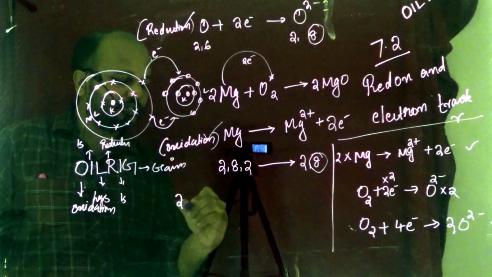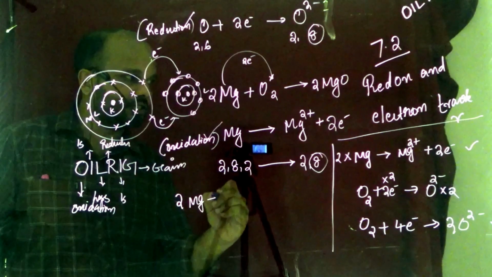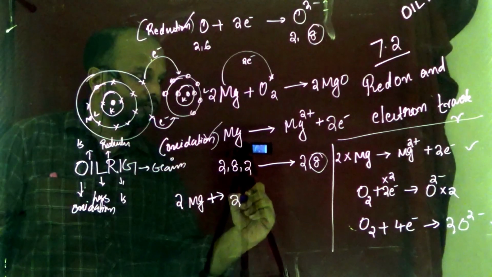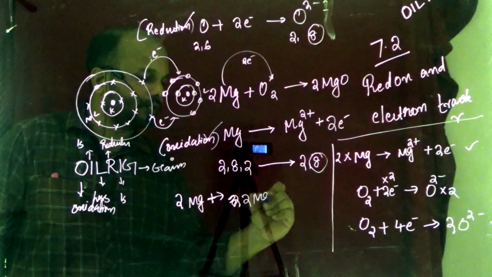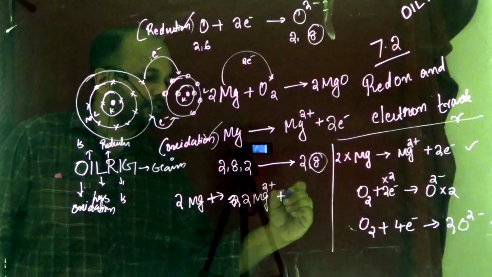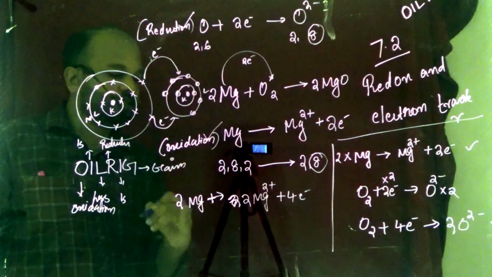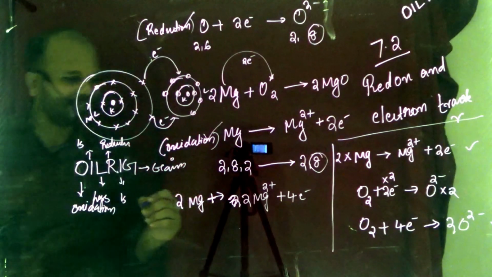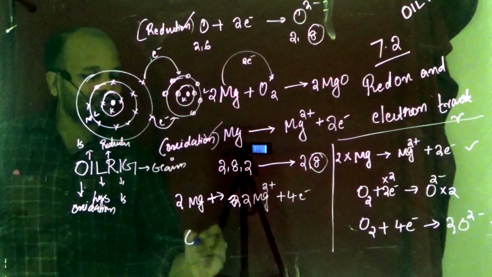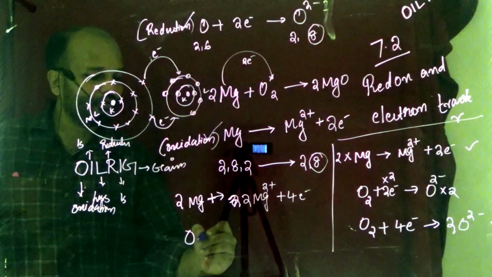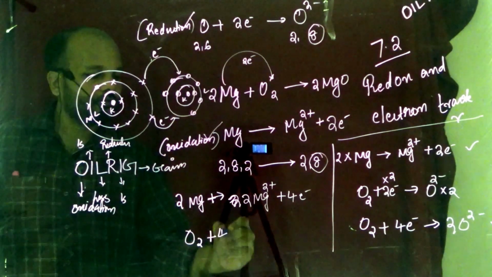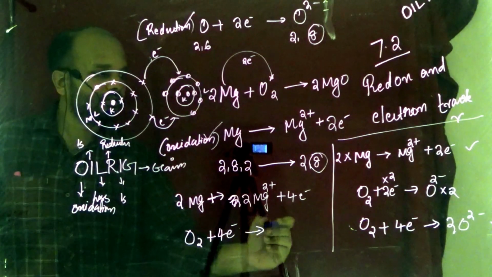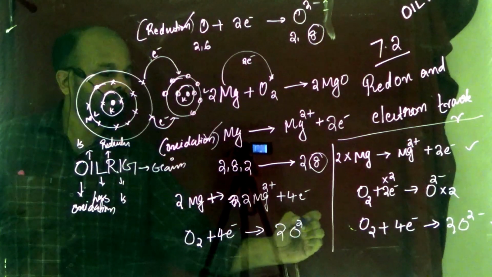So 2 Mg gives 2 Mg2 plus and 4 electrons. This is the oxidation half cell reaction, and the reduction half cell reaction is O2 plus 4 electrons gives 2 O2 minus.